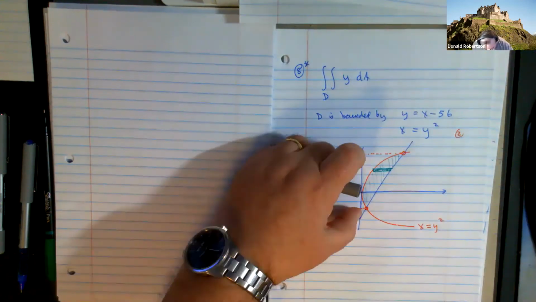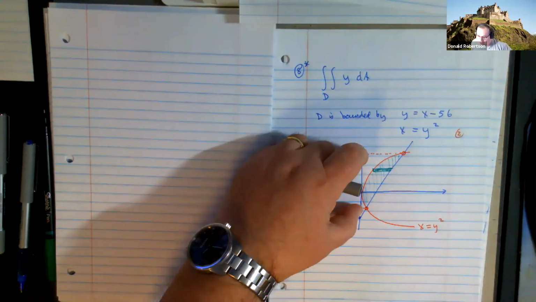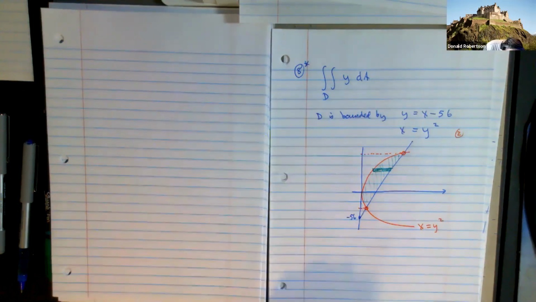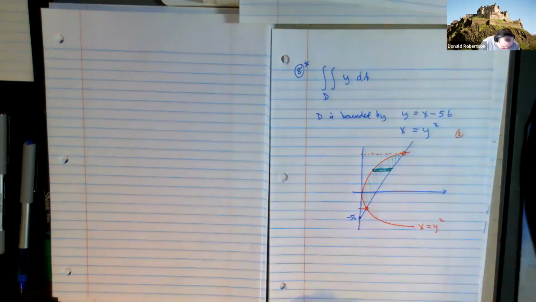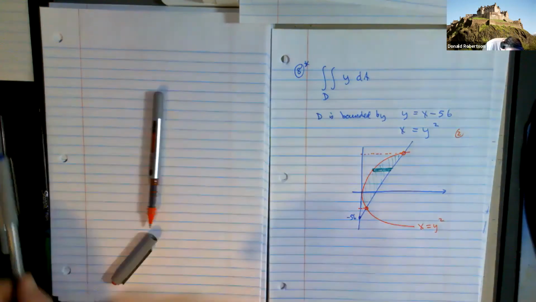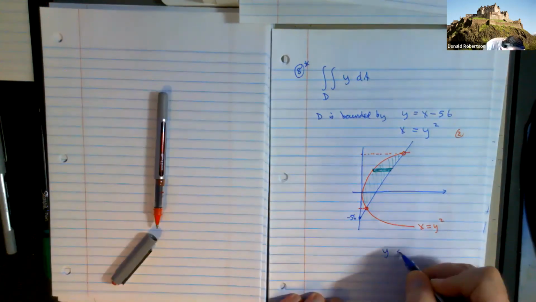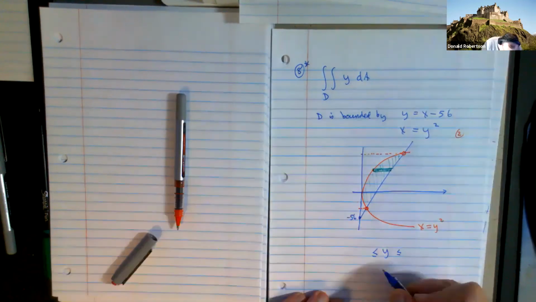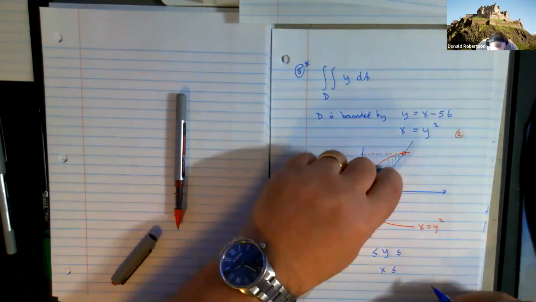Won't that be my start and finish for my y values? And won't x go from here to here? So y is between this number and that number, and x is going to be between here and here.